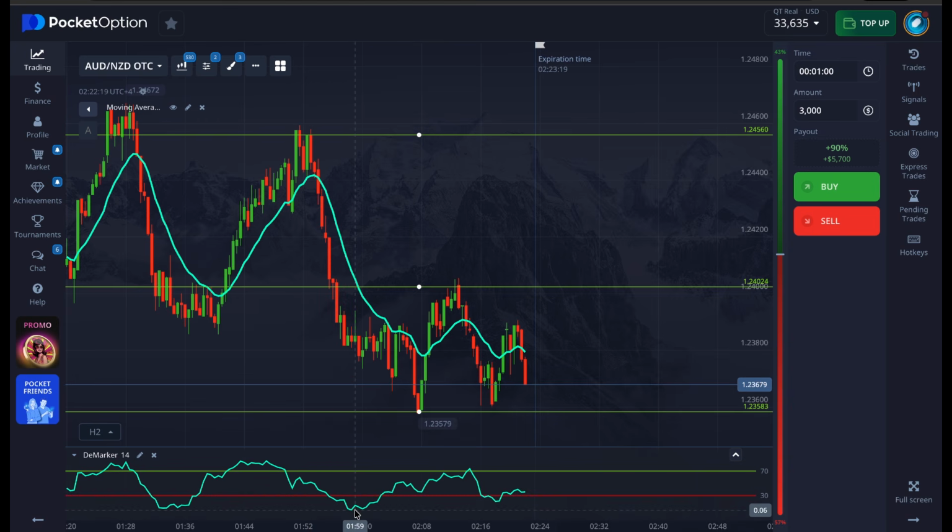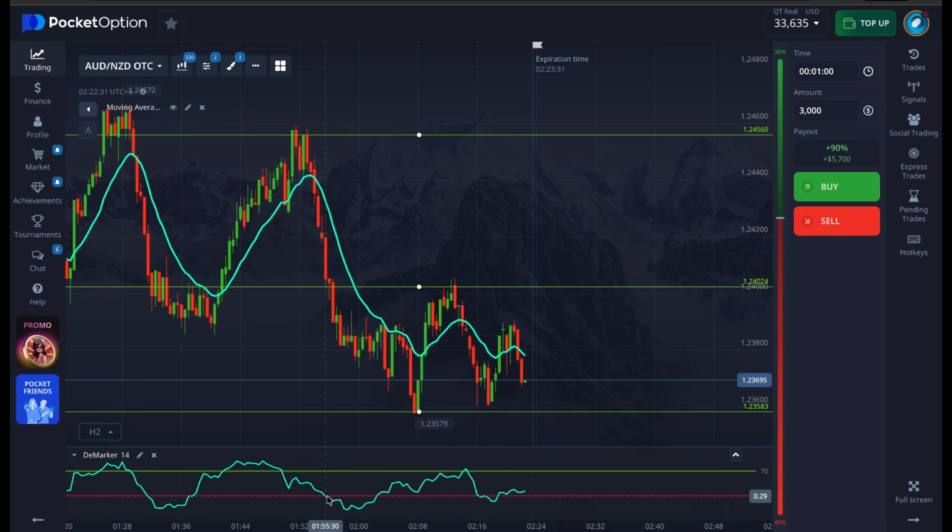Now, you don't have to take a trade when it goes all the way down here. What really is happening is that the oversold position, or the selling pressure, has been exhausted, and buyers are pressurizing the momentum of this pair. Sorry, the selling pressure could be high, and the sellers are getting ready to get exhausted.